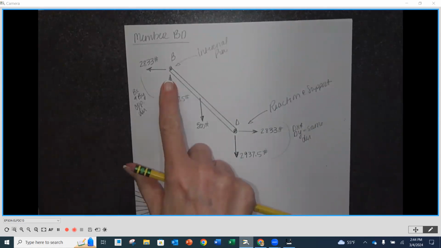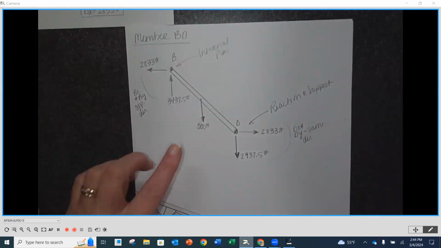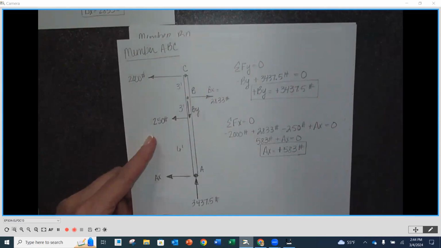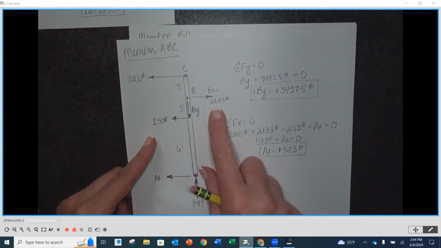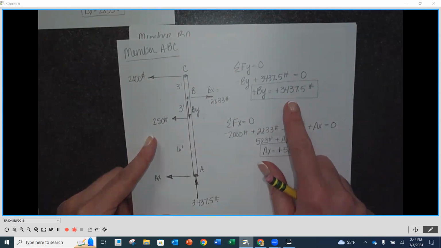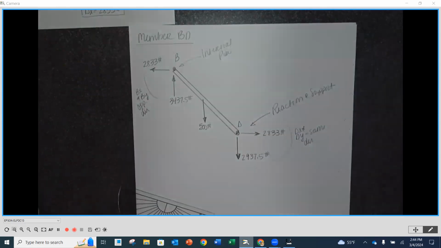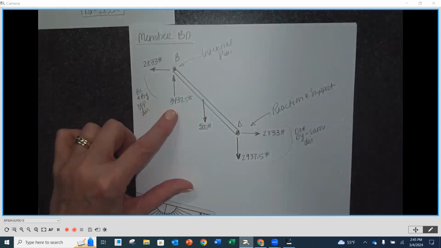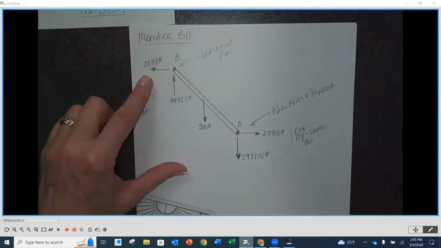So as we look back at B, when we calculated it on ABC, we confirmed it going to the right on this member at 2833, and we confirmed BY going down 3437.5. So now on this member, BY is up 3437.5, and to the left for the X, 2833.